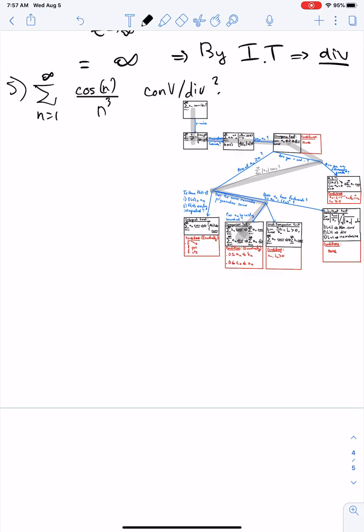So for the absolute values, first of all, some observations. We can bound this above 0: the absolute value of cosine of n over n cubed, I can bound it by 1 over n cubed.